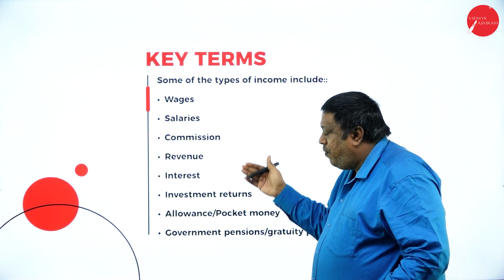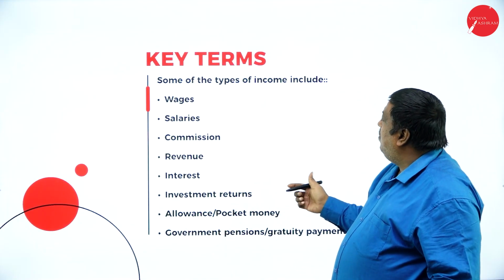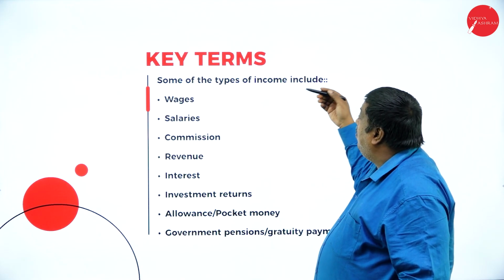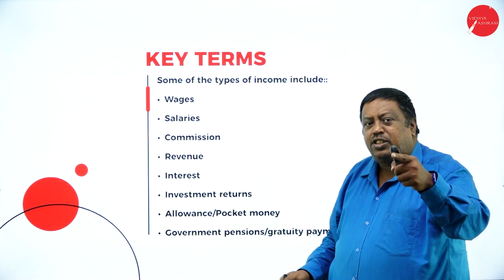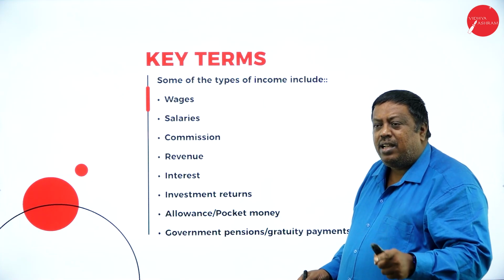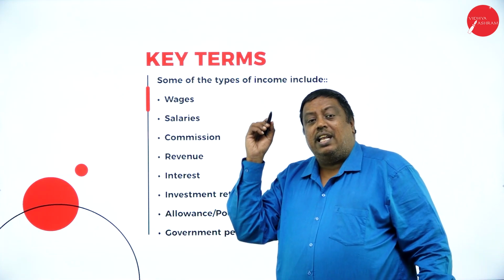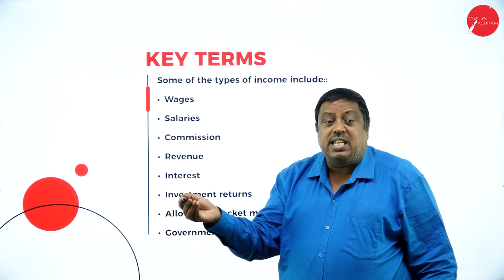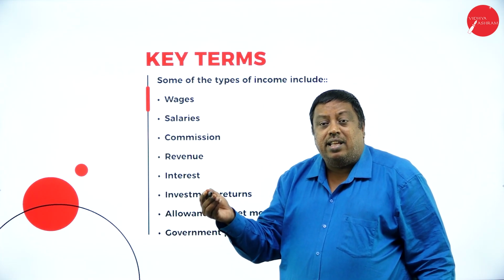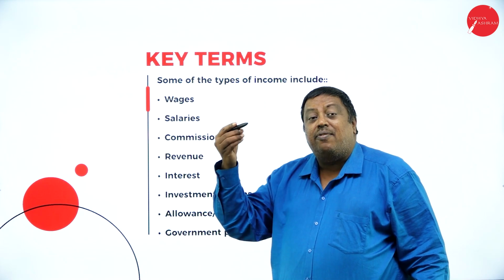The next key term: some of the types of income include wages. Wages means a laborer, a person working in the construction industry, like construction of a building, who receives an amount every day.